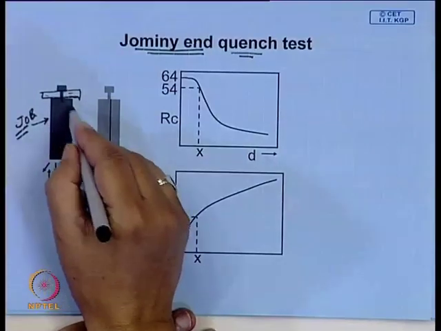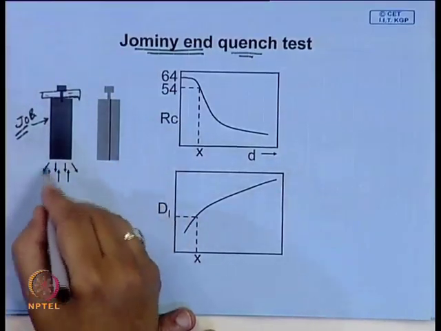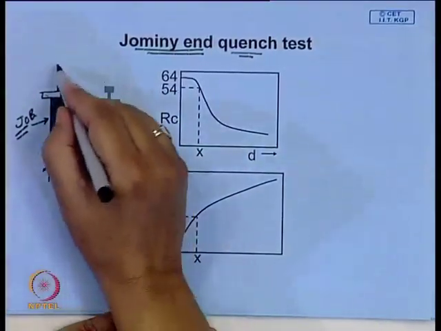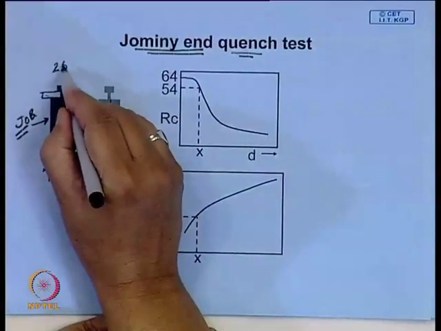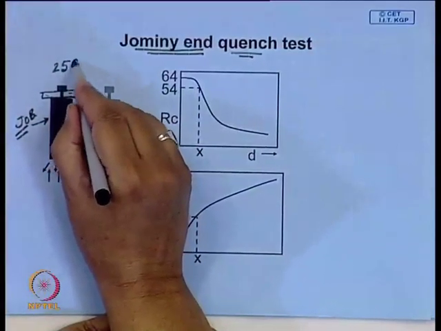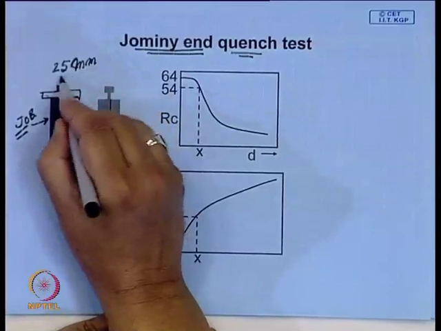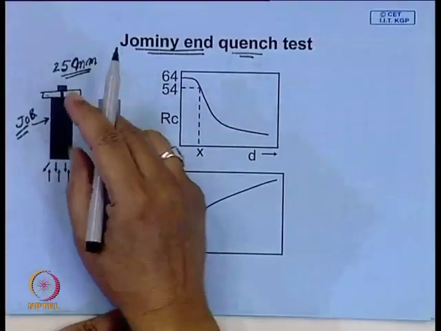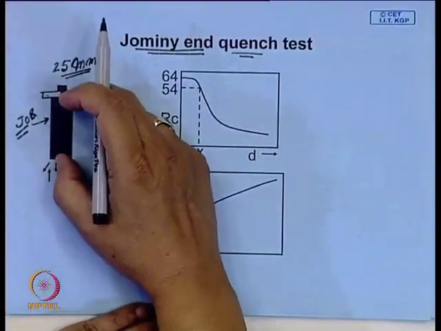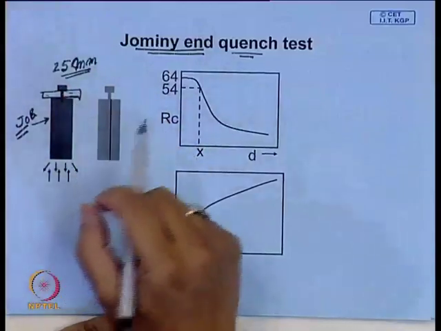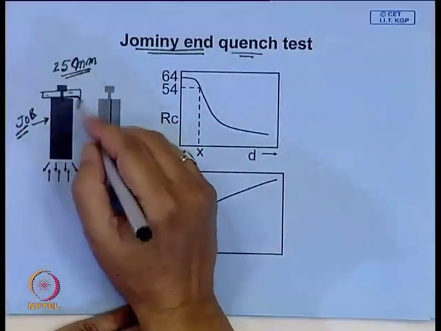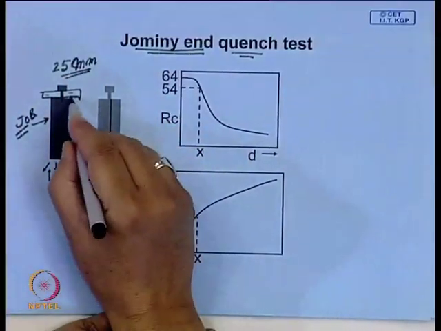So, the main part is this, and the diameter is around 25 millimeter, around an inch in diameter. So, maybe 2.5 inch long, depending on the hardenability that you expect.